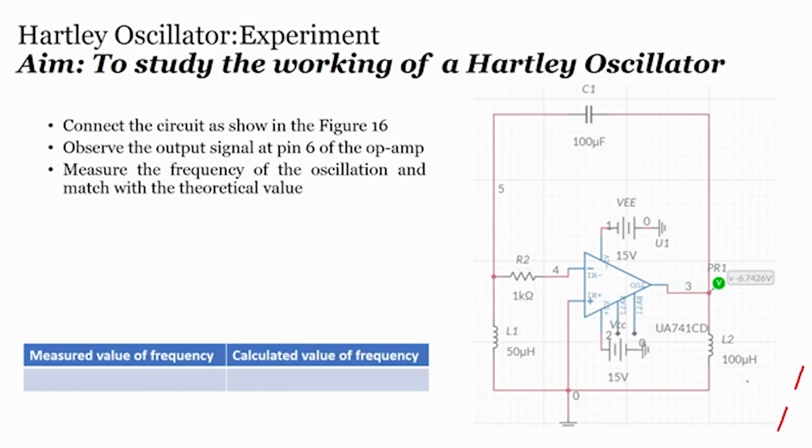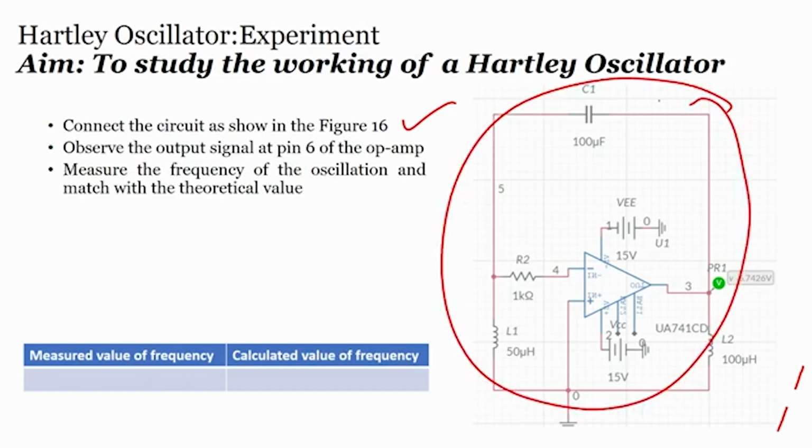Again, you can see the same circuit, and we can connect it as shown in the figure. The same circuit we can design in Multisim. We have to observe the output signal at pin number 6, then measure the frequency of oscillation and match it with the theoretical value.